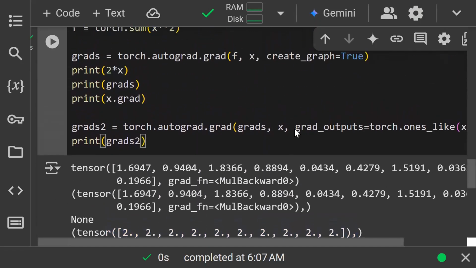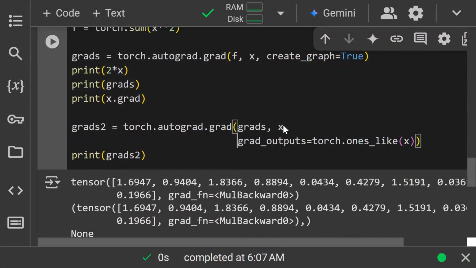Now, in terms of the syntax, this is a little more sophisticated, but once you understand the syntax, it's not too bad. So it's the same in that in torch.autograd.grad, you put the function, which this time is the gradient because we're taking the second derivative. And then here's the variable where you want to evaluate the gradient. So far the syntax is the same, but then after that, I added this part over here.